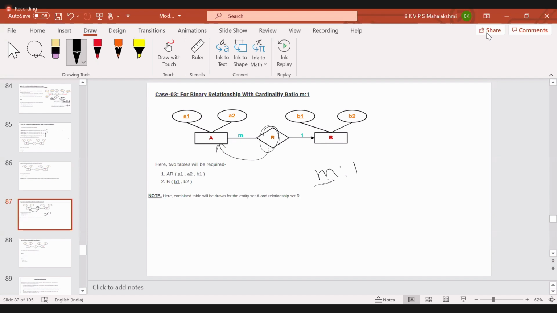So in AR, I have to specify all the attributes of the left side entity and the primary key of the second entity. See here, it was matched.